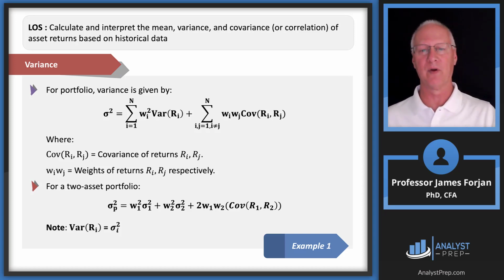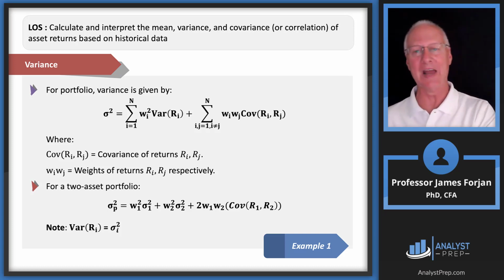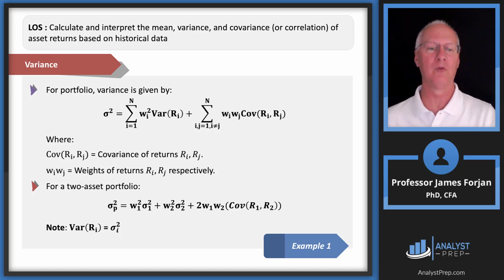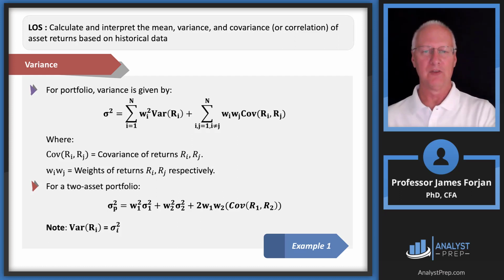So to get the portfolio variance, we're going to sum the weighted variances as the first component. That's that sigma from i equals 1 to n. And then we're going to add all of those co-riskiness figures, or the co-variability figures. So that's why we have the covariance between R sub i and R sub j.